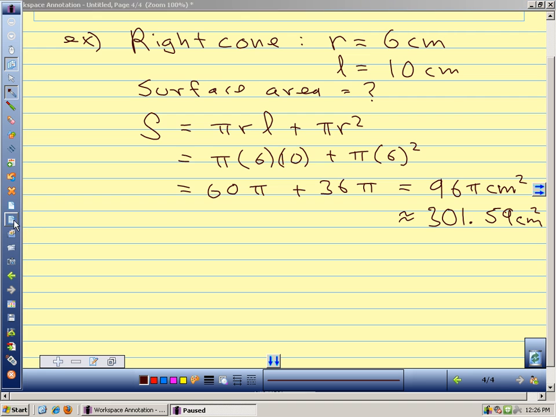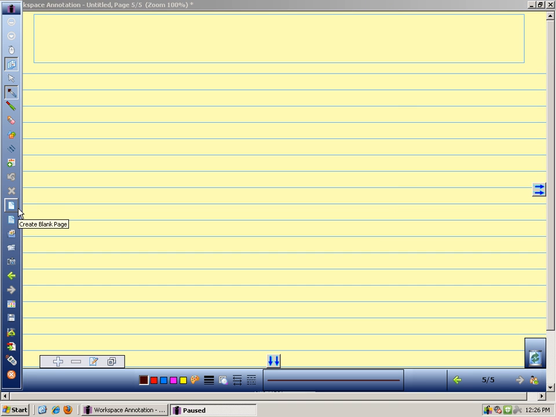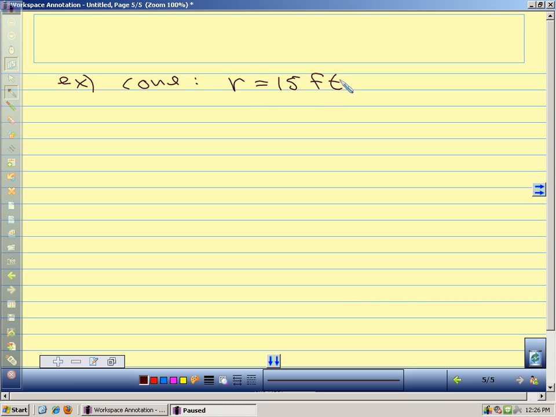All right, let's look at a volume calculation. So we have a cone with a radius of 15 feet. And our height is 20 feet. And we want to know the volume.